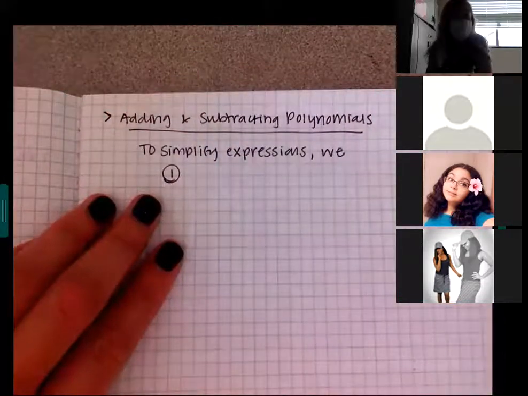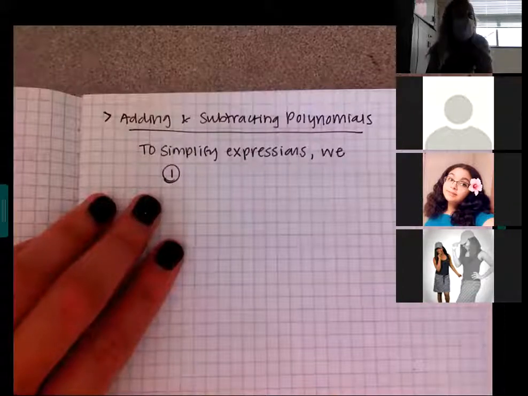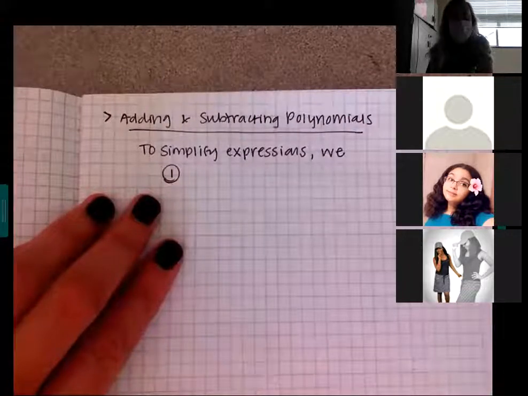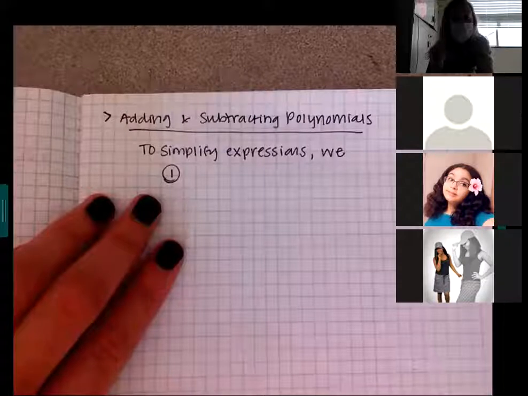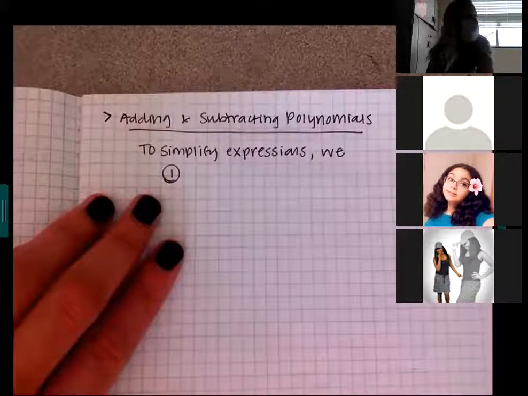There's really only two steps. We actually did this kind of when we solved equations. So what do we do to simplify an expression?